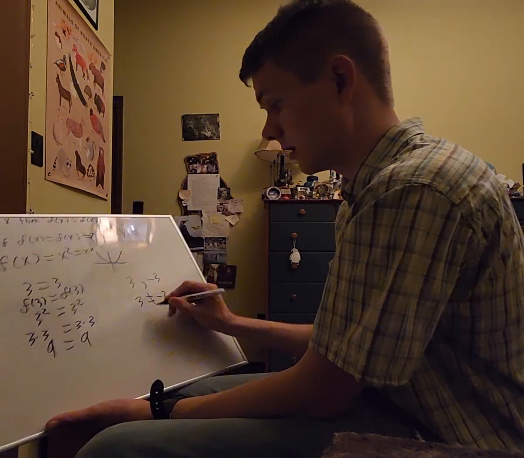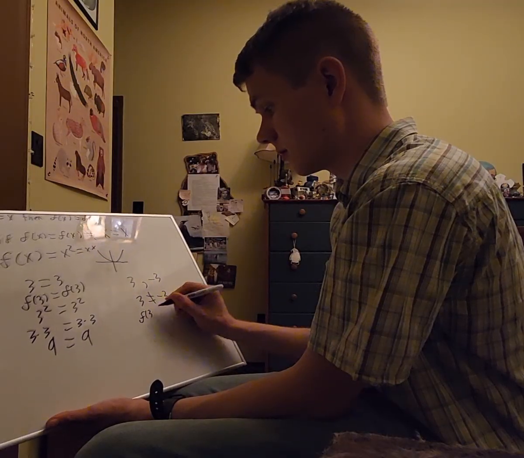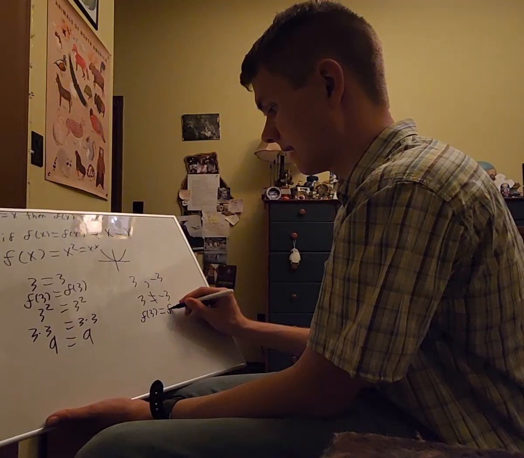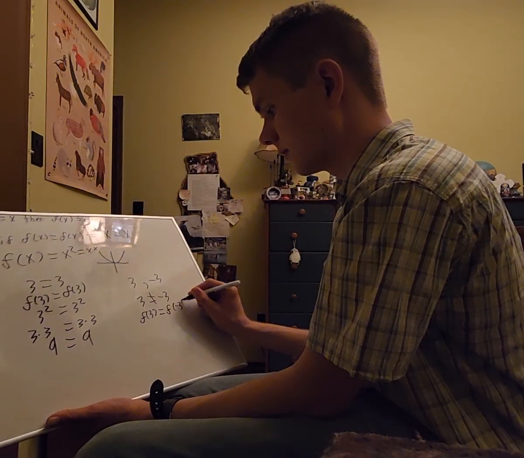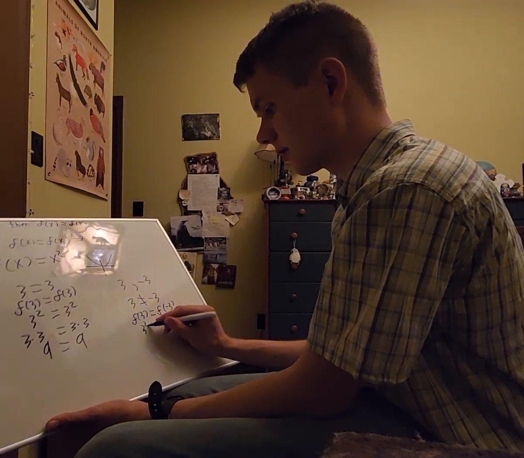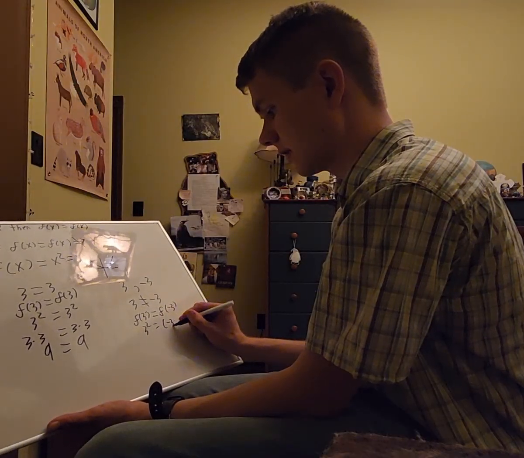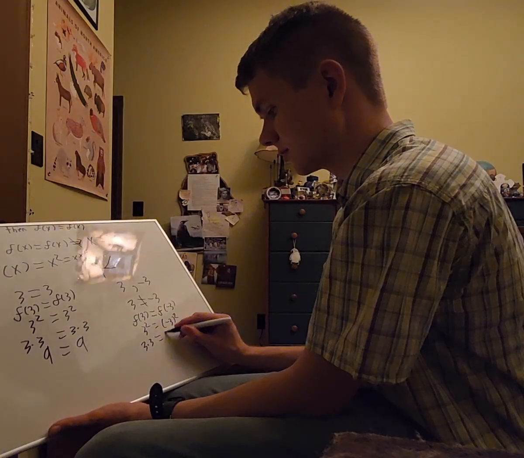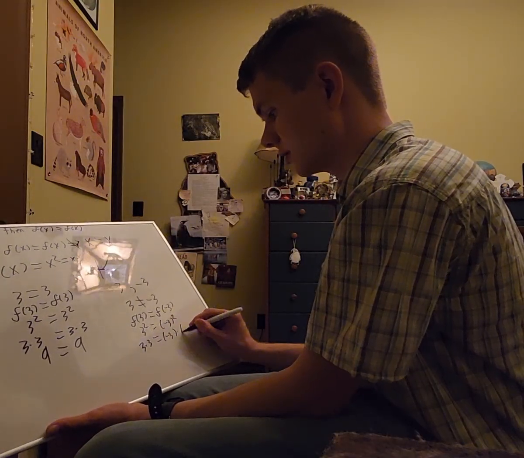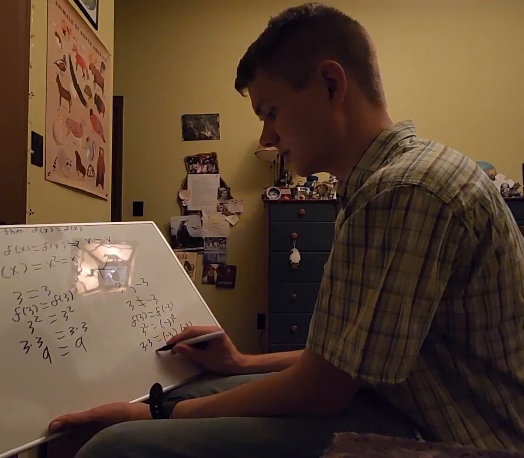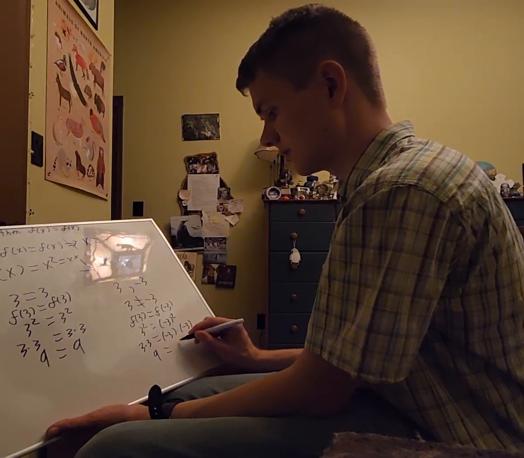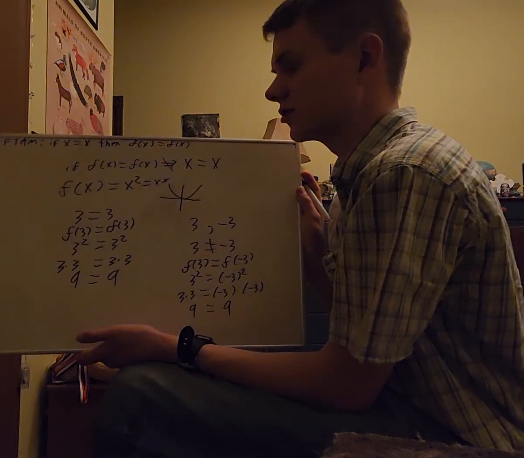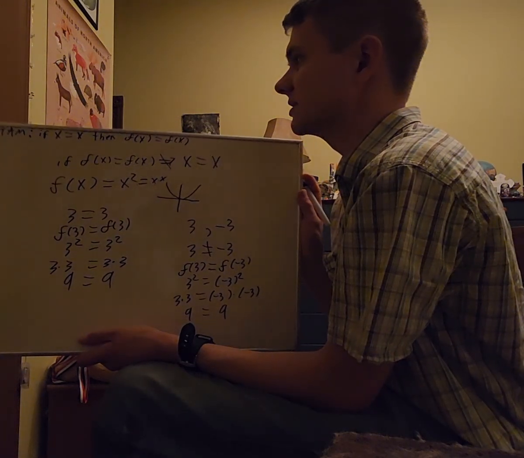However, f(3) is equal to f(negative 3). The reason is this is 3 squared, and this is negative 3 squared. And 3 times 3 is equal to negative 3 times negative 3, which means 9 is equal to 9.